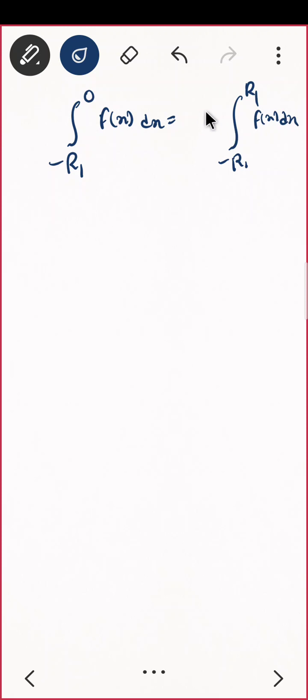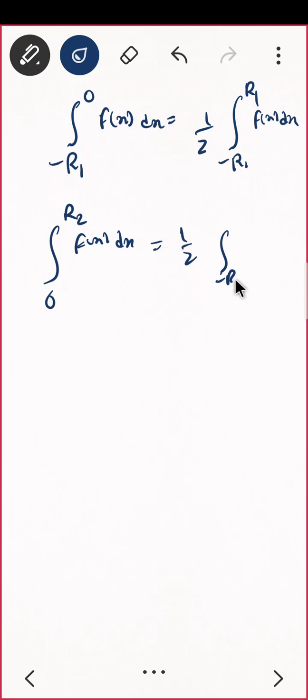That something is 1 by 2 actually, and again here the integral from 0 to r2 of f of x dx is equal to 1 by 2 times the integral from minus r2 to r2 of f of x dx. Do you agree? First of all, do you see this is true for an even function?